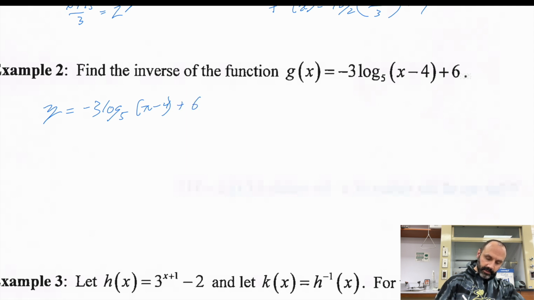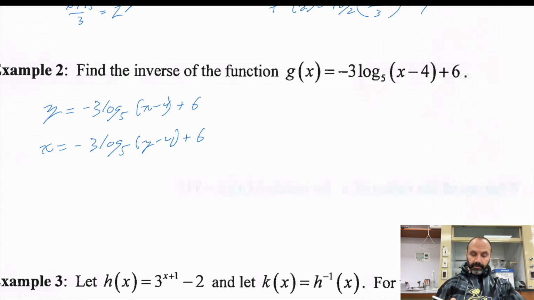Switch the x and the y. So now I have x is negative 3 log base 5 of y minus 4 plus 6. Now I'm just solving for y. So first thing I do, I'll subtract 6 from both sides. So x minus 6 equals negative 3 log base 5 of y minus 4.